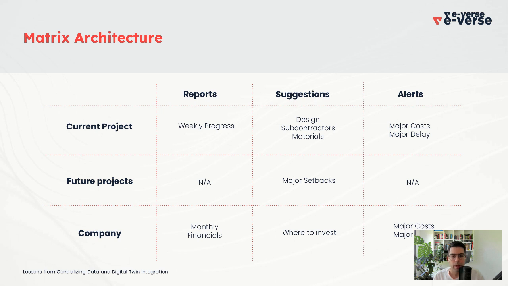Suggestions: for current projects, design and subcontractor materials, for example, and get reports for that. Major setbacks, where to invest, and alerts on major costs or major delays, whether at company level or current project level.